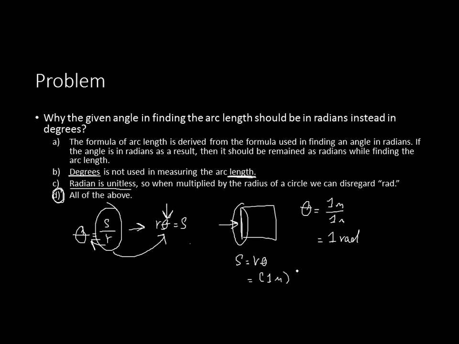Times your angle is 1 radians. Okay. So if you're going to multiply them, your answer is 1 meters, which is the same as the arc length earlier. All right. Why is it so? Because if you're going to multiply a number by anything, we can disregard this radian, because radian is unitless. Just like this one. If you're going to observe, what's the answer when you divide 1 meters by 1 meters? The answer is 1, right?